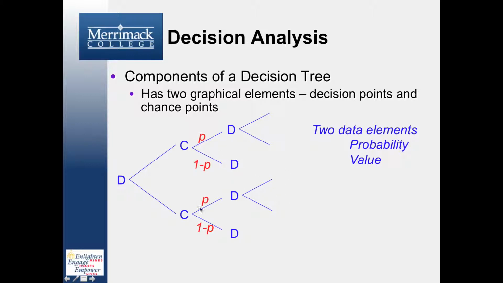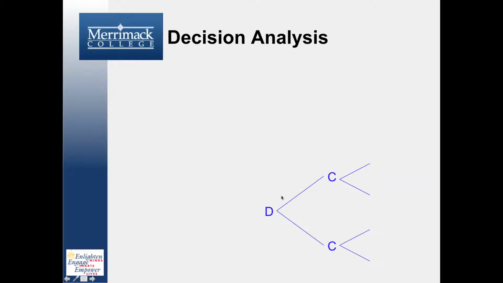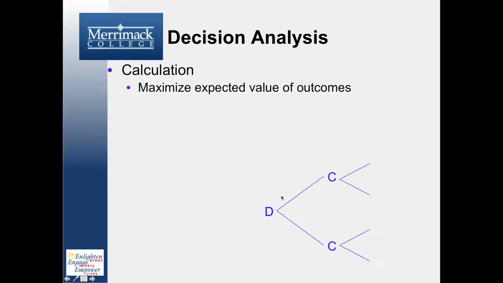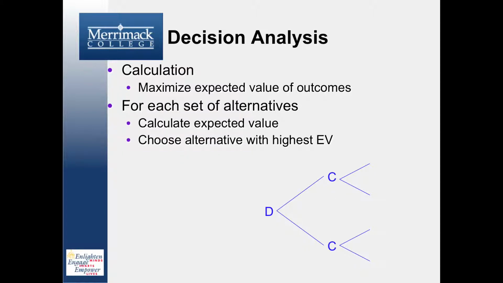So here are the probabilities, and then the values of making certain decisions are at these endpoints. So let me give you a really simple example that's close to my heart. Something that I really hate is getting caught in the rain without a raincoat.